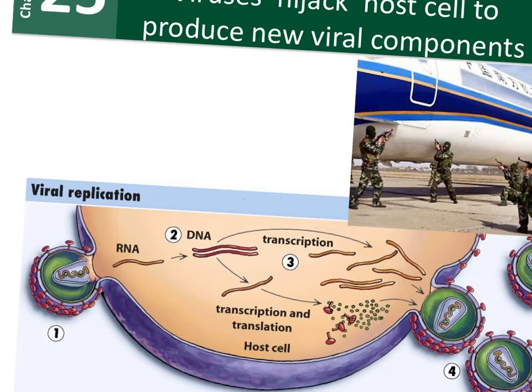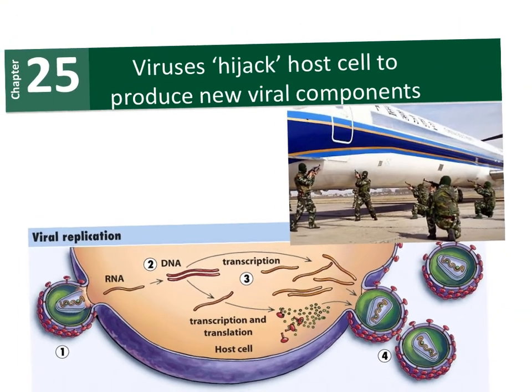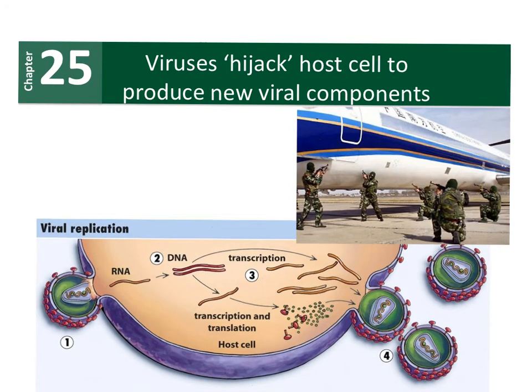It's kind of like terrorists, and they take over the machinery in the nucleus or in the cytoplasm for making proteins and stuff, and they start making the proteins they need for their outside and more copies of themselves. So they kind of hijack host cells to produce viral components.